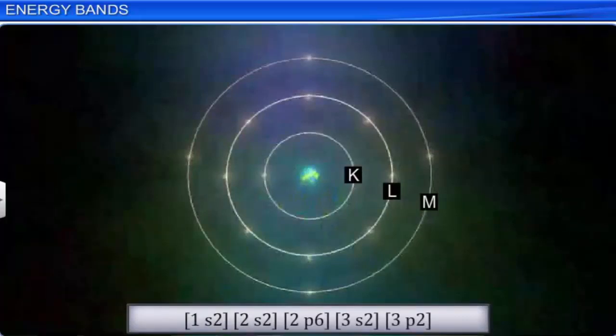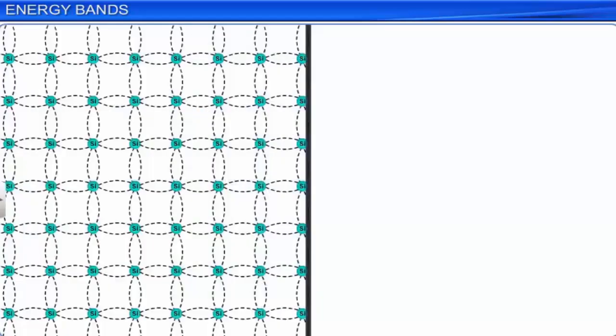The third orbit, with 4 electrons, is the outermost orbit. Hence, silicon has valency equal to 4. As silicon has a crystalline structure, there are interactions between the neighboring atoms.